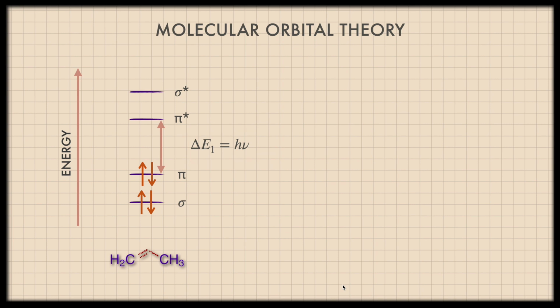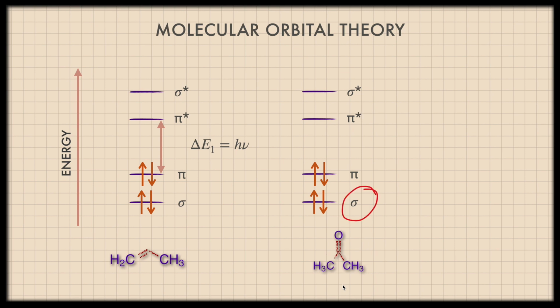Similarly, we can keep explaining in the same way for different molecules. Now this one has, between this carbon and oxygen, a sigma bond just like in the previous case, and pi bonds just like in the previous case, then the pi anti-bonding and the sigma anti-bonding. Now this is also the energy level difference.